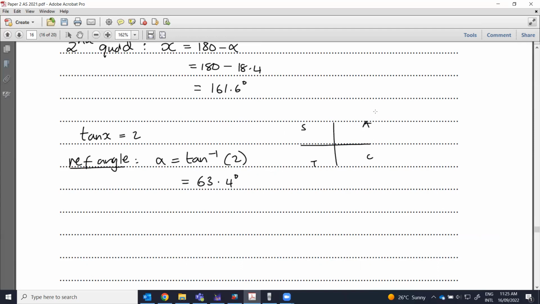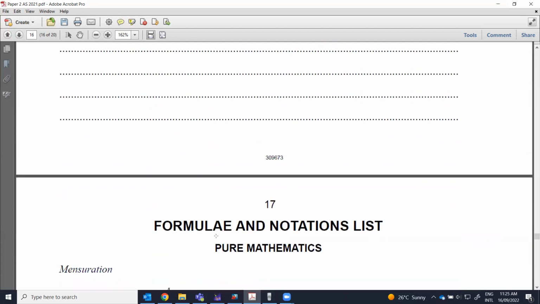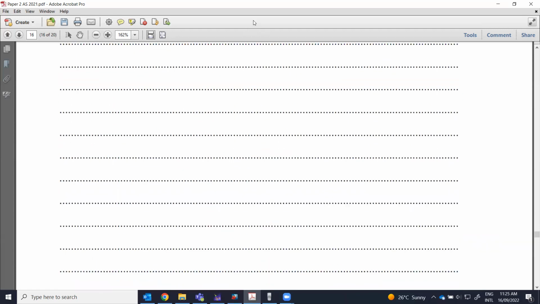So our only solution must be from the first quadrant. So if x is in the first quadrant, x is just equal to alpha, and x is equal to 63.4 degrees. Okay, so we have two solutions for x: 161.6 degrees and 63.4 degrees. And that is the end of the paper. I hope you found this helpful.